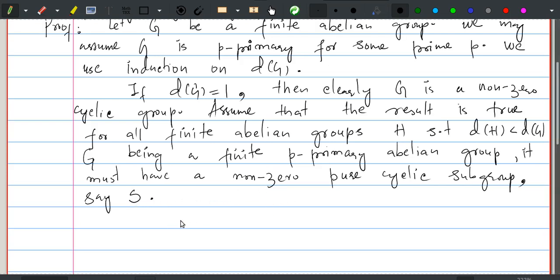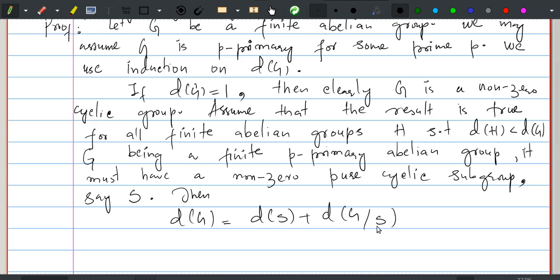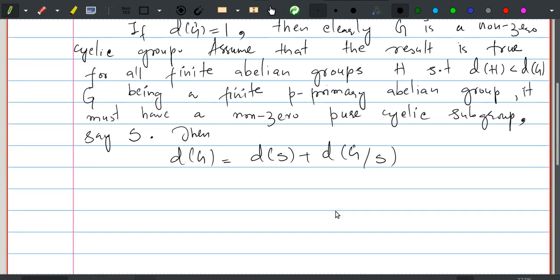Then again we know that d(G) is equal to d(S) plus d(G/S). This is again a result which has been proved in previous lectures. Now S being cyclic, d(S) must be equal to 1.